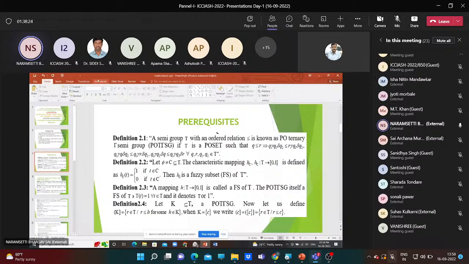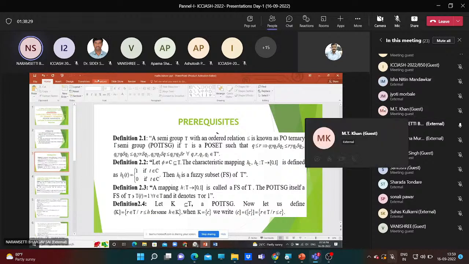The second condition is Q1 gamma Q delta Q2 less than or equal to Q1 gamma R delta Q2. And the third condition is Q1 gamma Q2 delta Q less than or equal to Q1 gamma Q2 delta R, for all Q, R, Q1, Q2 belonging to T.